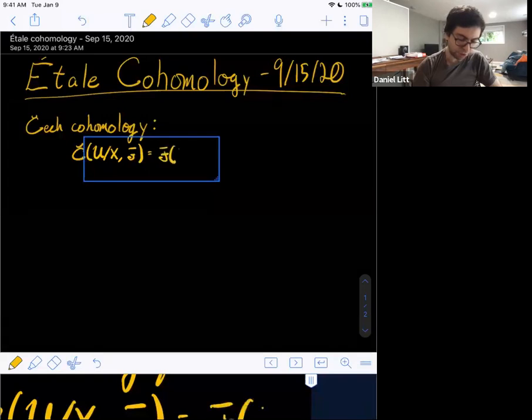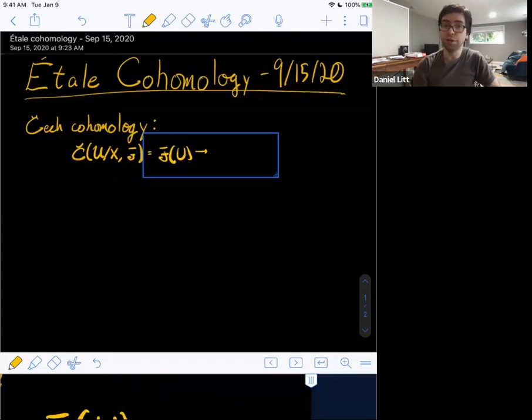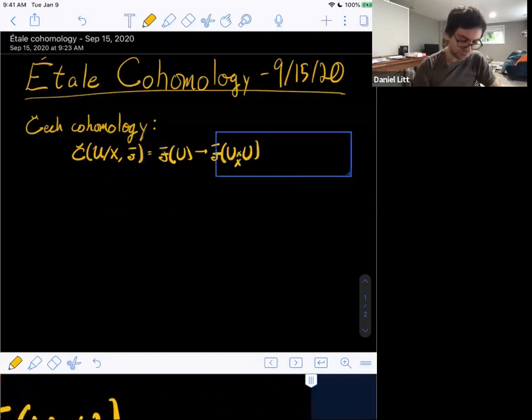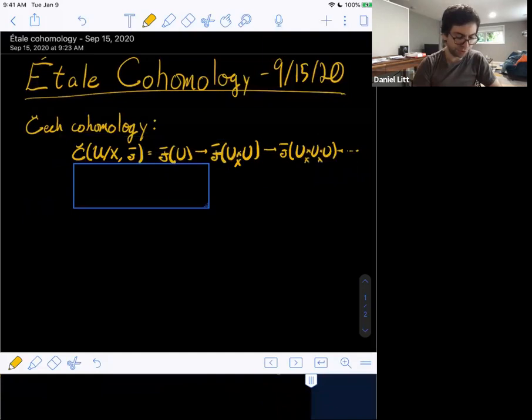You evaluate F at U. And then there's two maps from U cross U over X to U. If you take the difference of the pullbacks along those, you get a map to F of U cross U. And then there's a map to F of U cross U cross U all over X, and so on. Okay, so this was the Čech complex relative to a specific cover.